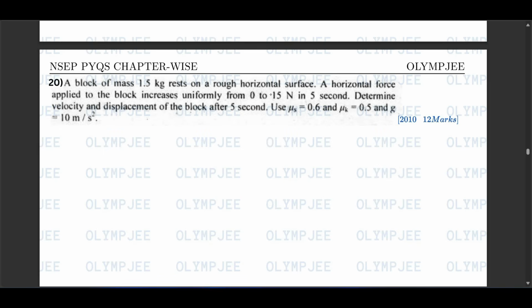Okay. So first let us analyze how the force is changing. The force-time graph is something like this: it is increasing uniformly from 0 to 15. At 0 seconds it is 0, and at 5 seconds it is 15 newtons.